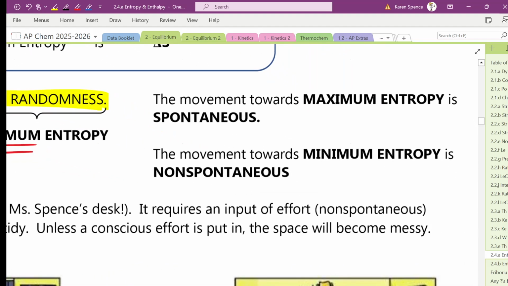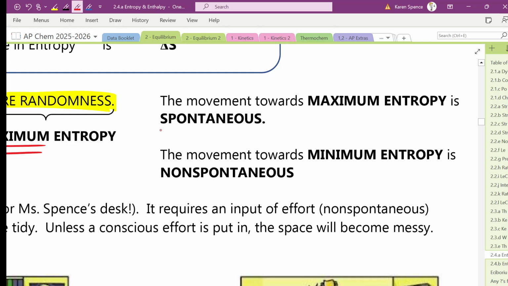So movement towards maximum entropy is spontaneous. The AP way of saying spontaneous, any guesses? Thermodynamically favored.